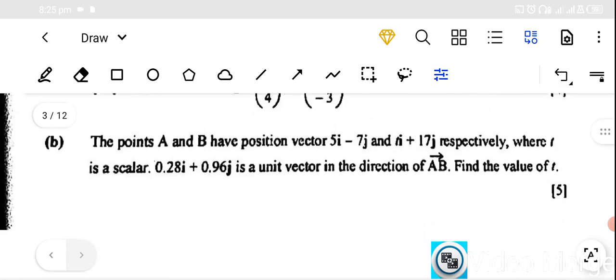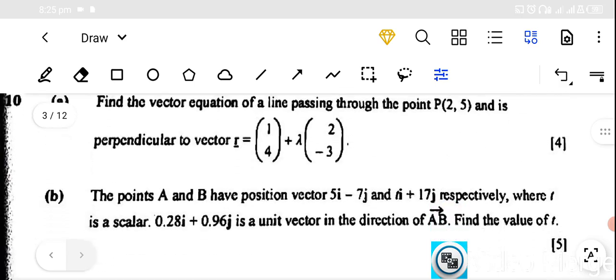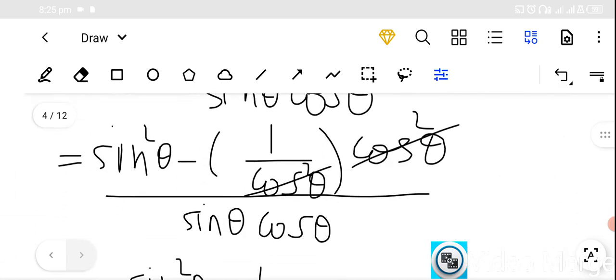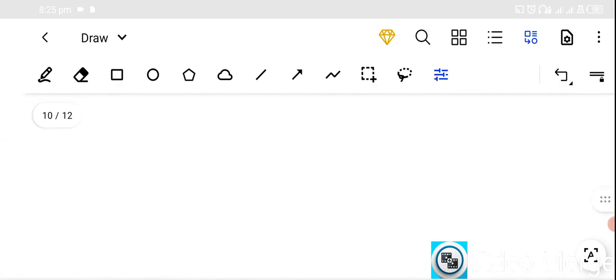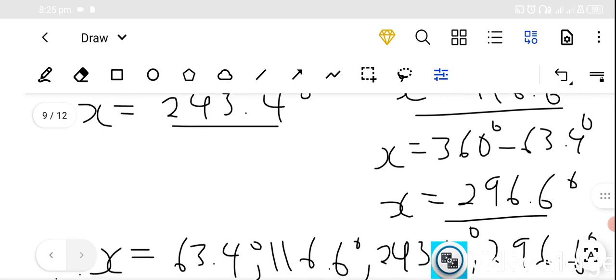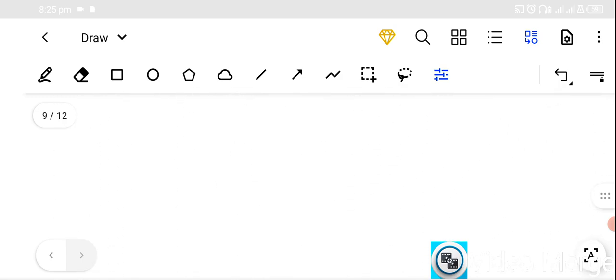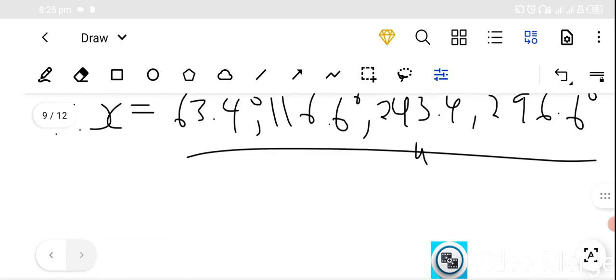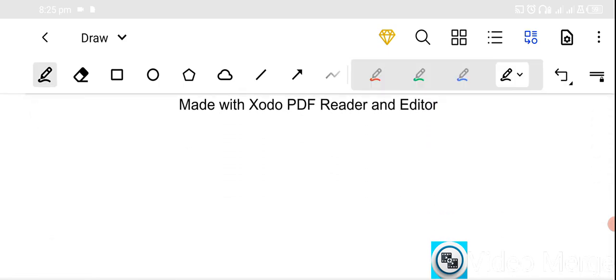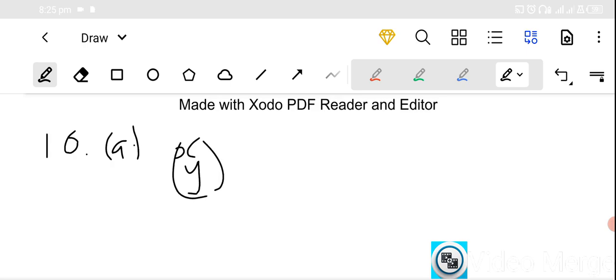So this is question 10a. Where we know that if we want to find the vector equation, it's (x,y) is equal to (x naught, y naught).